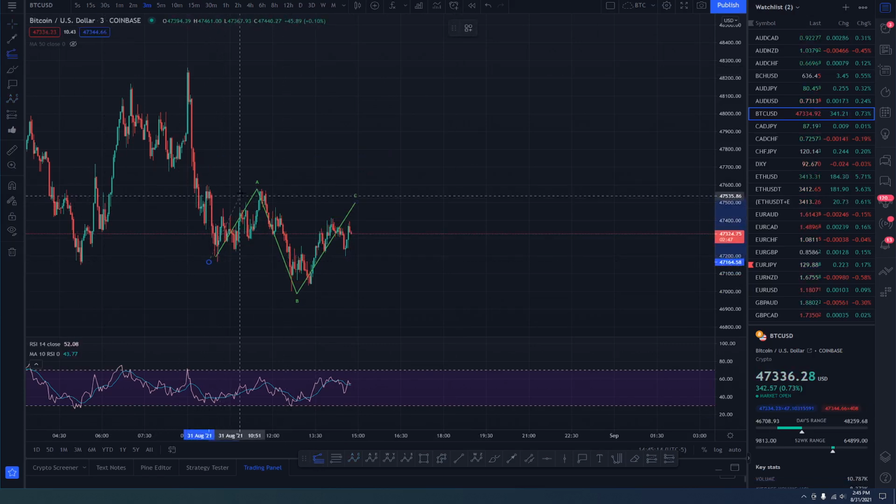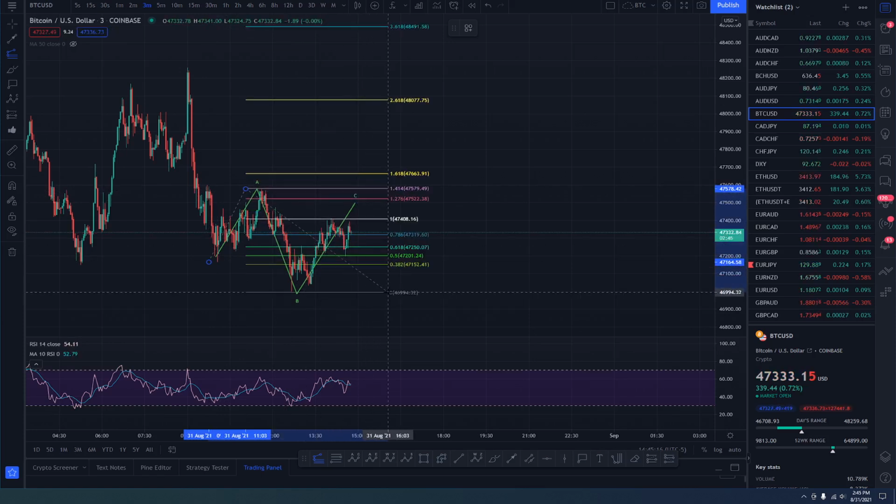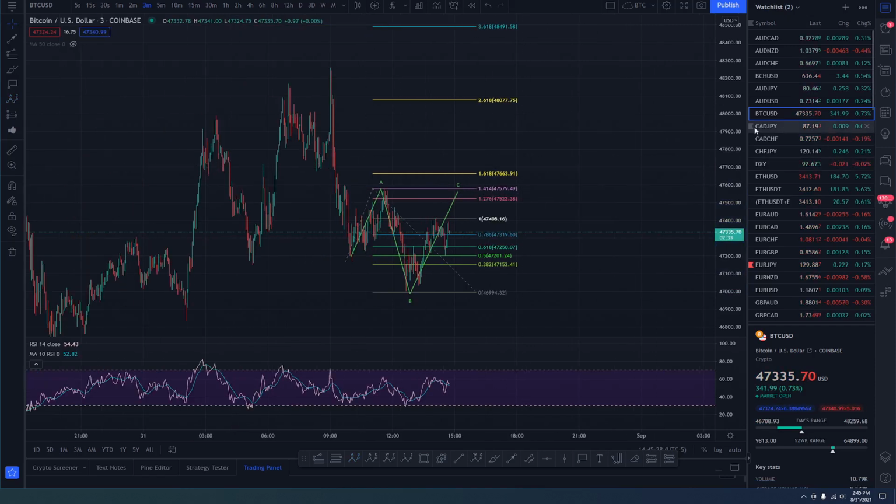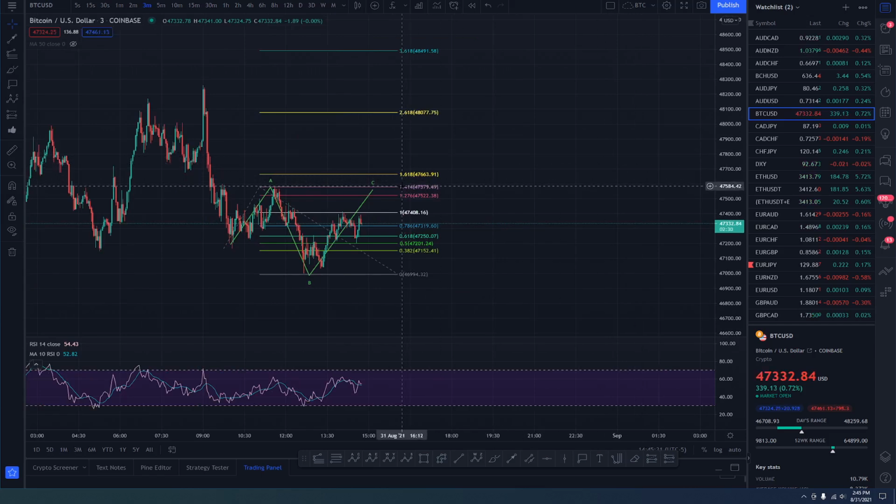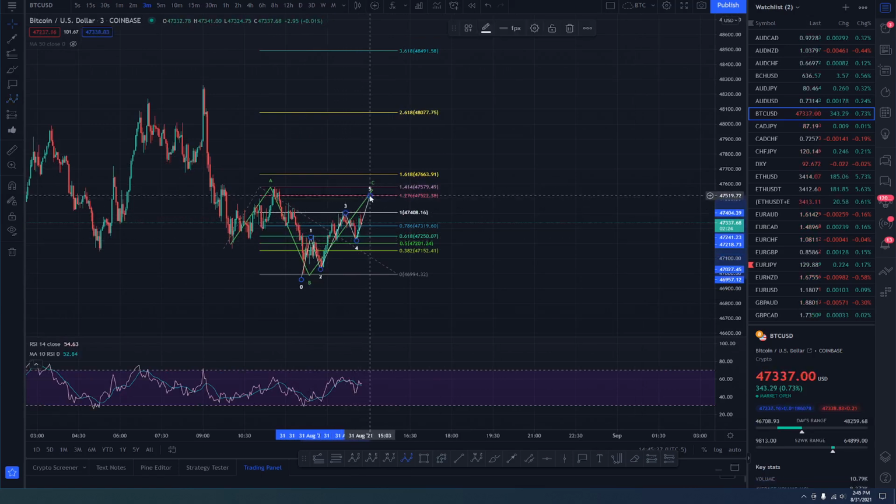So we can pull the fibs here, project A. Oh, I already have it. We got A, B, and then C right here. Looks like we got 5 waves working. 1, 2, 3, 4. Need one more.